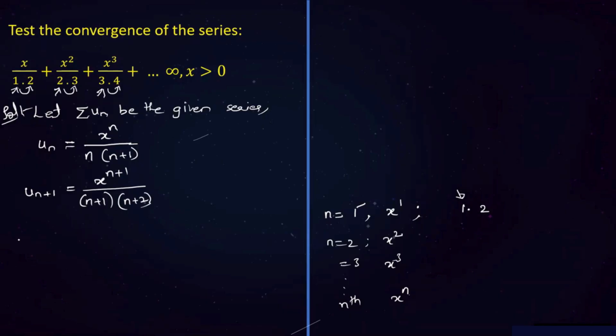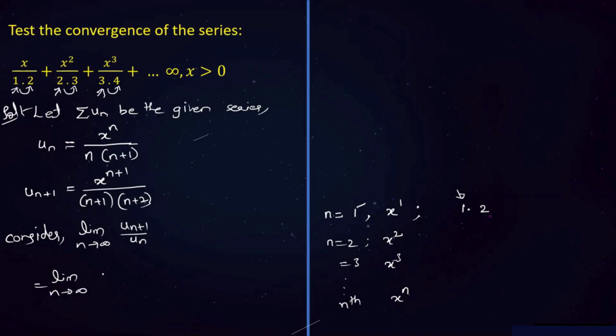Now, after getting this n plus 1th term, one thing I should tell you again: because we have something power n or some simple linear terms like n or n plus 1, we can proceed by what you call the ratio test. So to proceed further in the ratio test, I'm taking the limit n tends to infinity of un plus 1 divided by un.